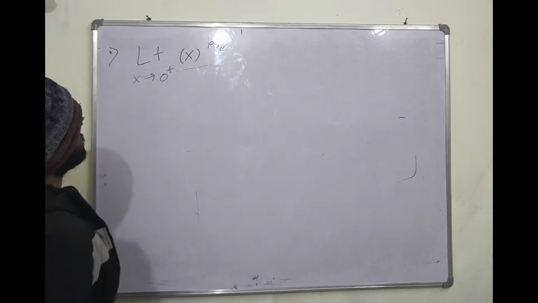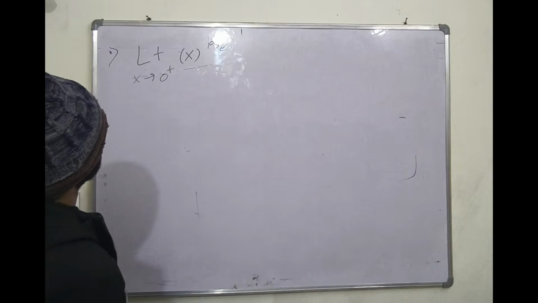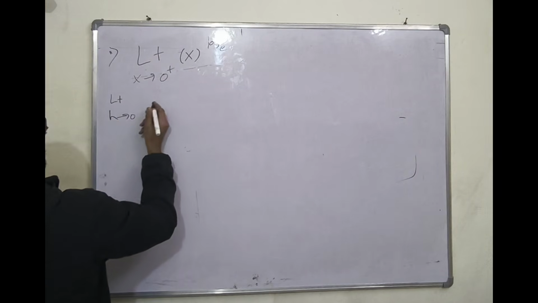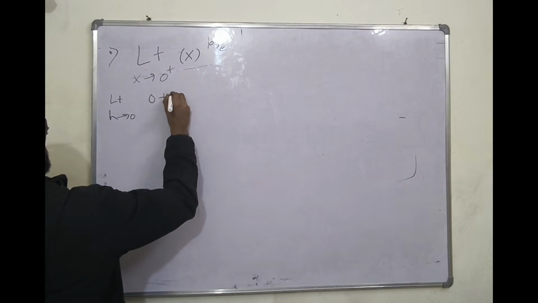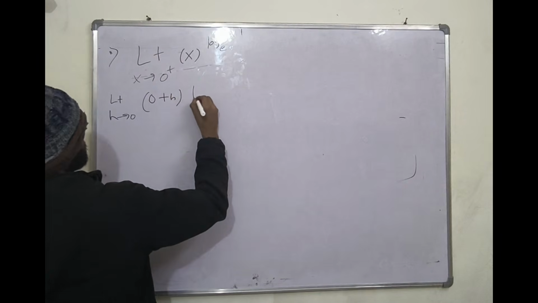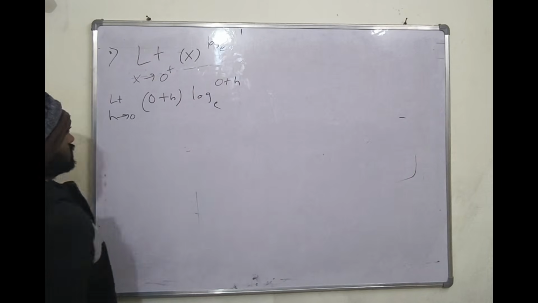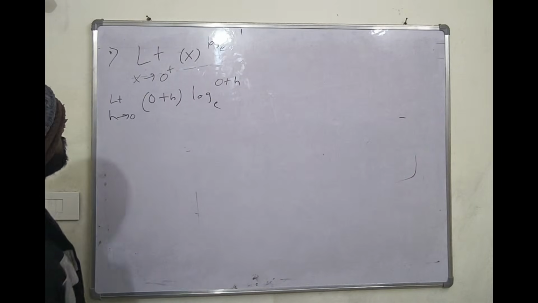So here, we can write it as limit h tends to 0, 0 plus h whole power log of 0 plus h base e.